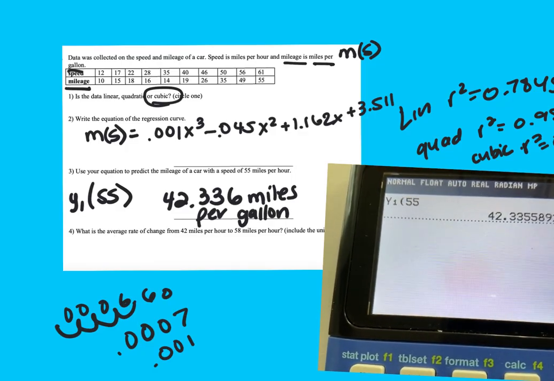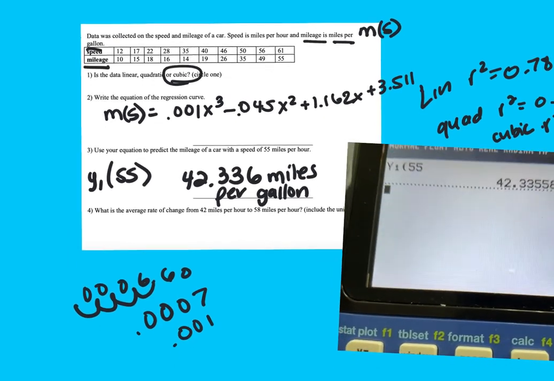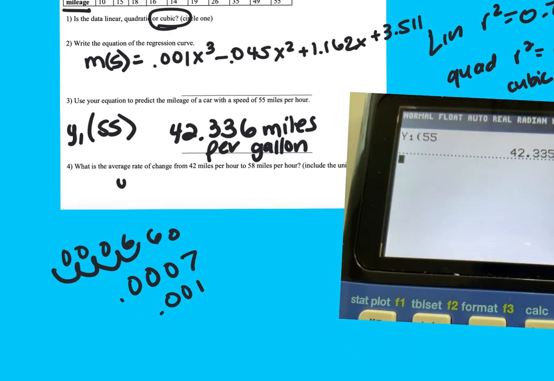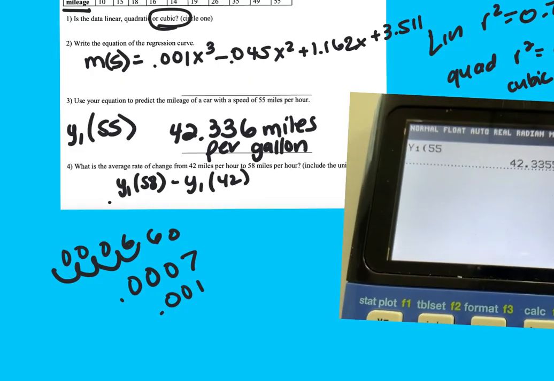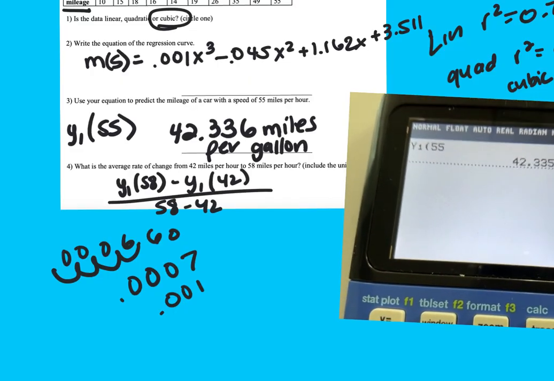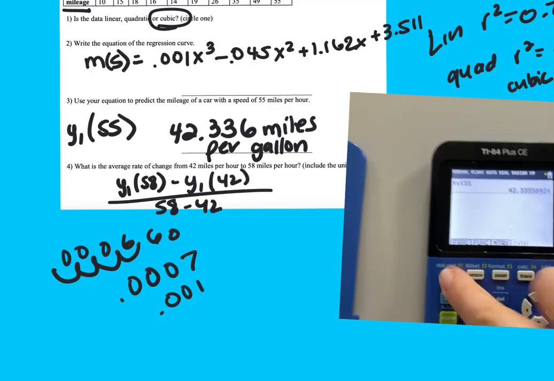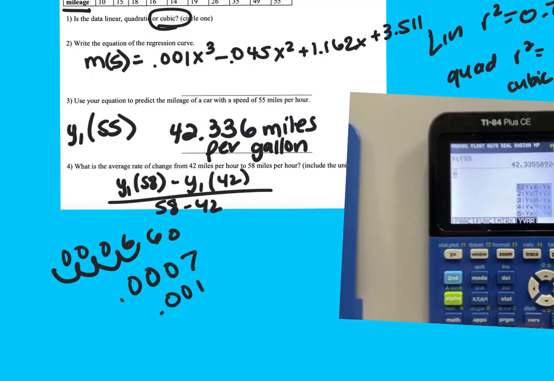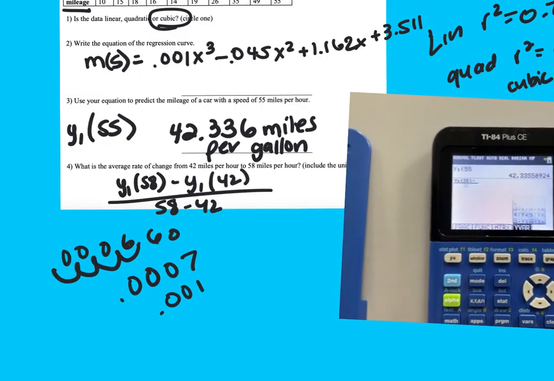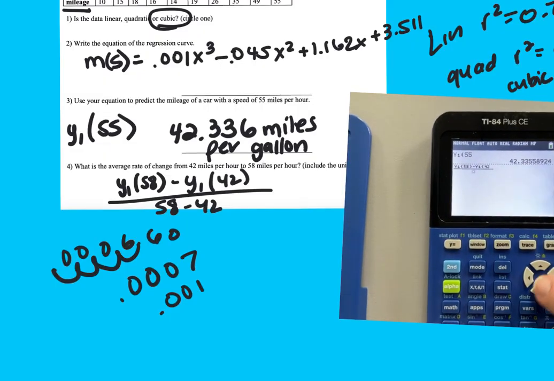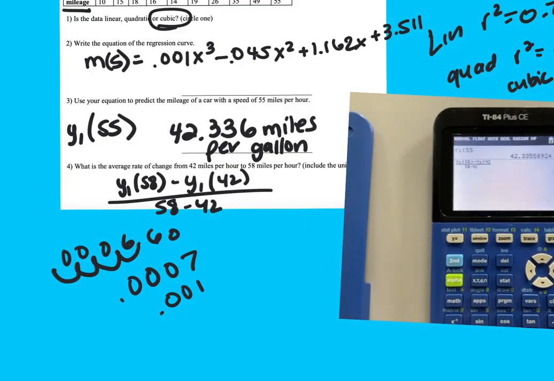And then 4 says what's the average rate of change from 42 miles to 58 miles per hour, and include the units, okay? So I'm going to do y1 of 58 minus y1 of 42 over 58 minus 42. So alpha y equals gets the fraction, alpha trace gets the y1, 58 minus alpha y1, 42 over 58 minus 42.